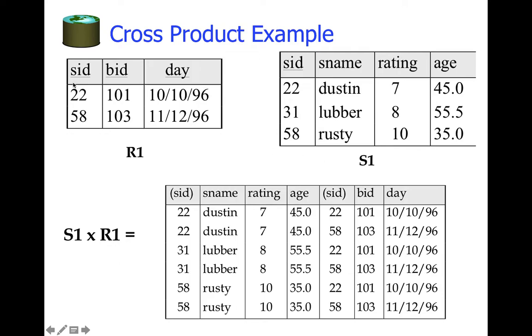We continue the same way with the next row of this table. So this is the cross product of S1 and R1. We could change the field name of the first column, this is 1, 2, 3, 4, and the fifth column: we can make this SID1 and this SID2.